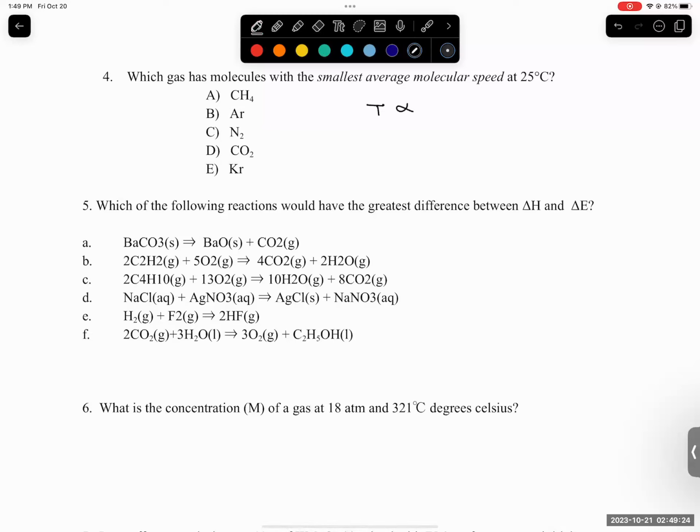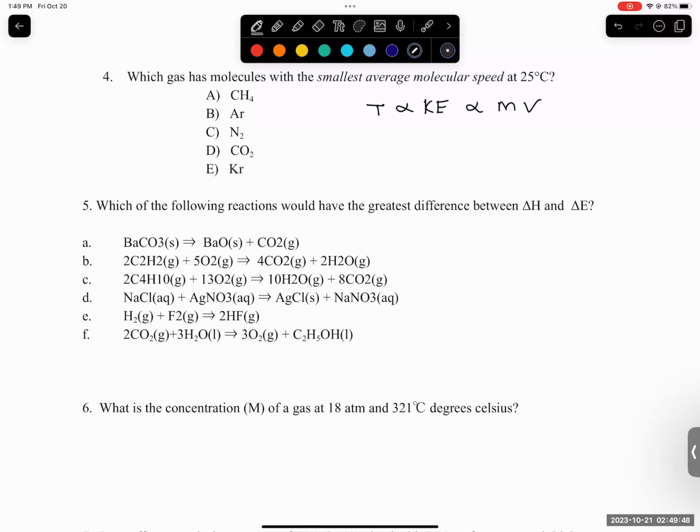Yeah, so temperature is proportional to kinetic energy. And we know that kinetic energy is proportional to the mass and the velocity, right? So this is an important idea for us to be able to solve this problem.